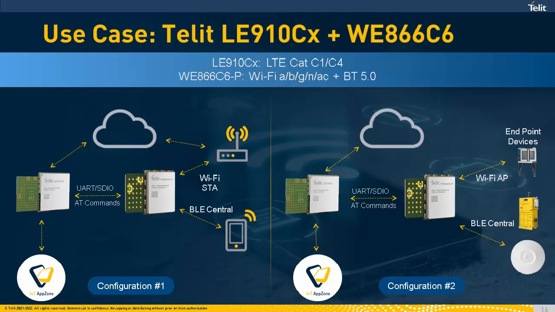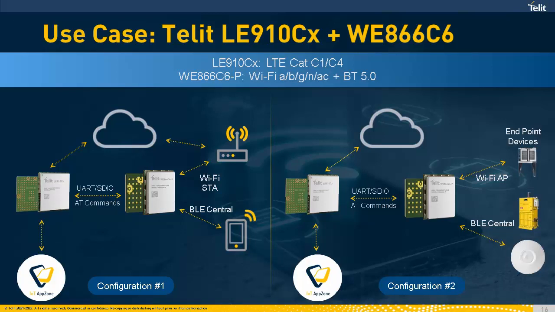The next example is a second bundle that Telit can offer you. In this case, it is based on the LE910CX module, that is an LTE Cat C1 C4 module, plus WE866C6, that is our Wi-Fi ABGN AC plus Bluetooth 5 module.